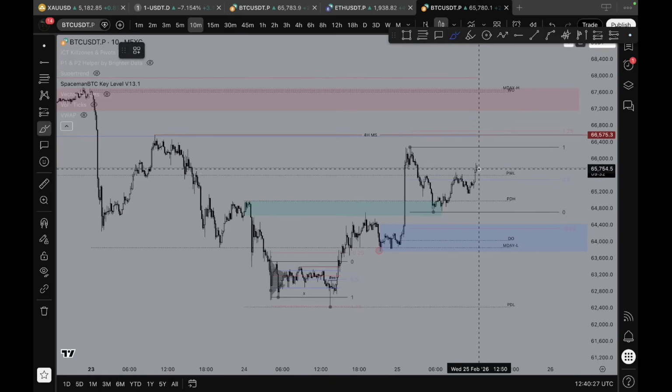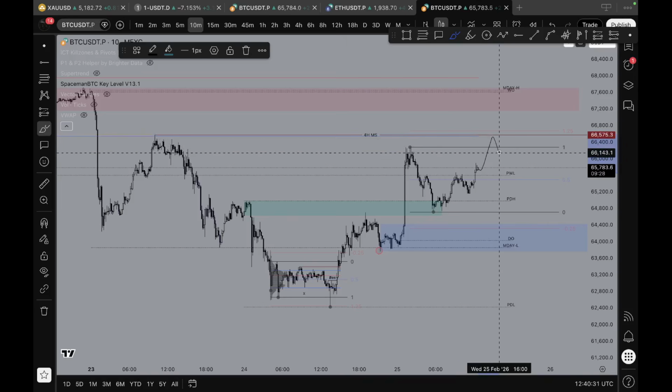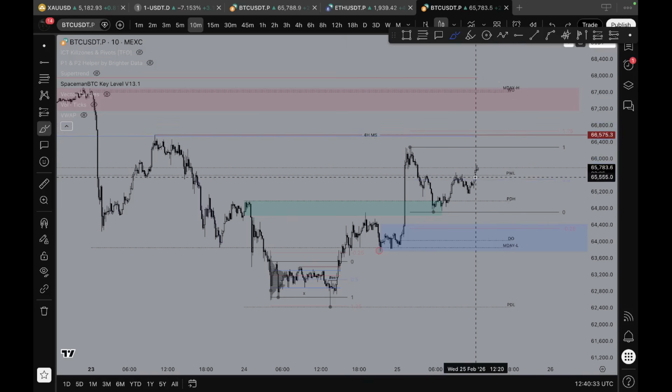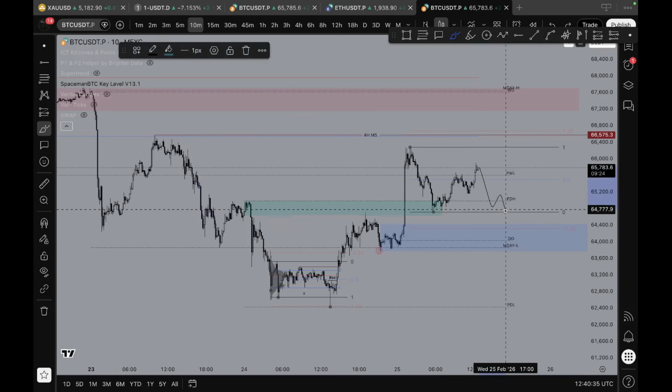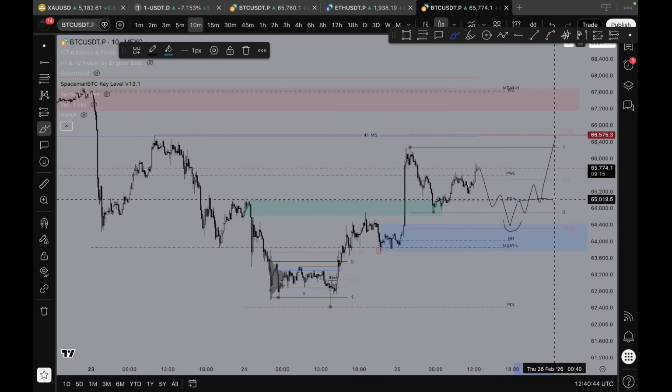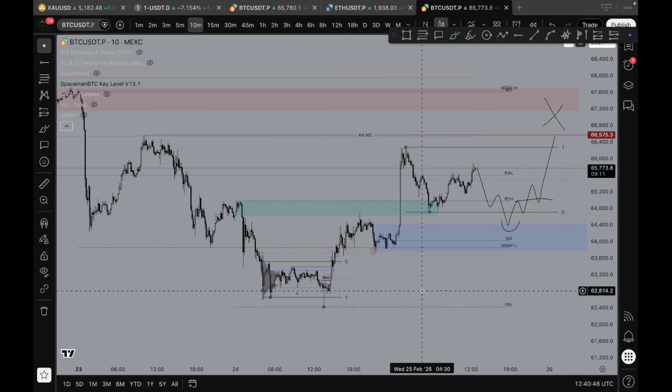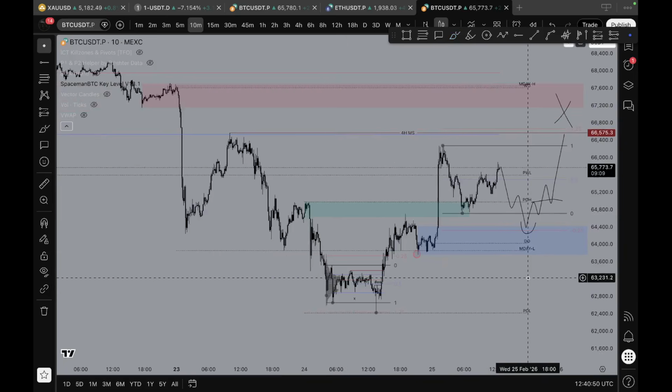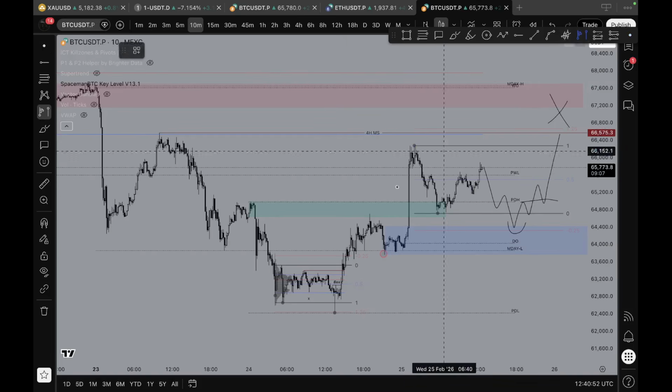So maybe you come up to the high and look for potential distributions, or you come back to the lows and sweep the lows into that demand and fair value gap fill, break structure, and then you can look for longs back up to those highs if you're not positioned yet. So I think pretty clean plans for now.